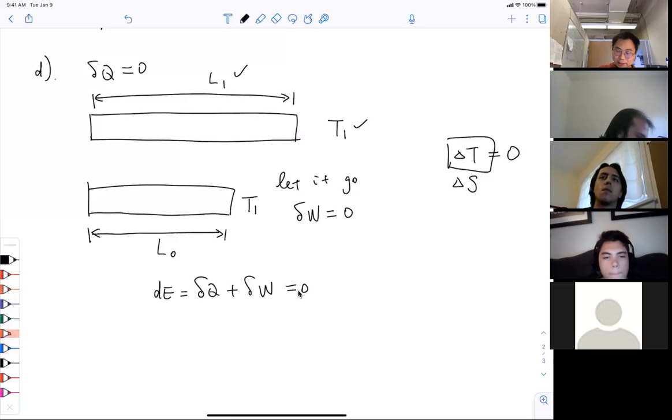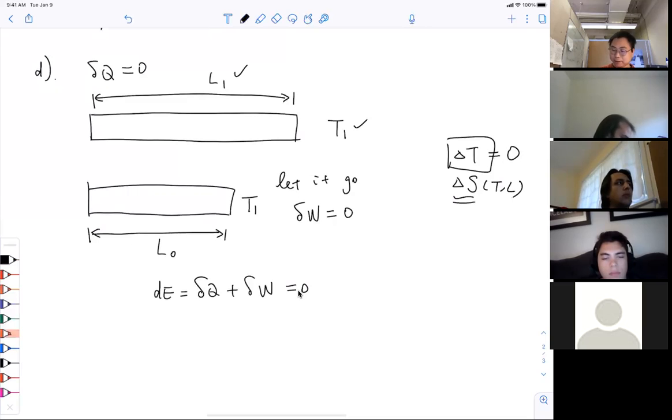Okay, so we know the initial L and T and the final L and T. Of course, we know the difference delta S, because S is a function of T and L. So we just write the change in S as S final, L0 T1, minus the initial one, L1 T1.